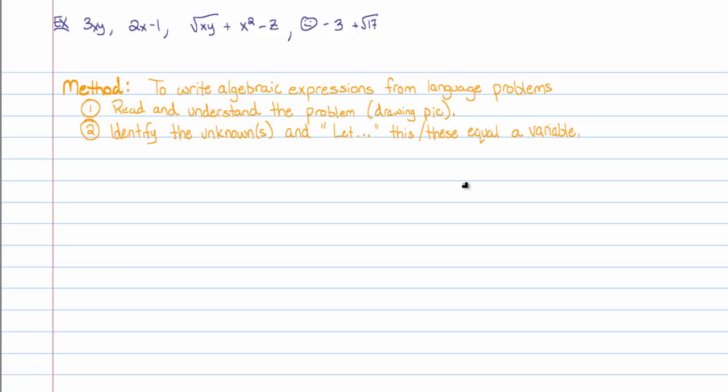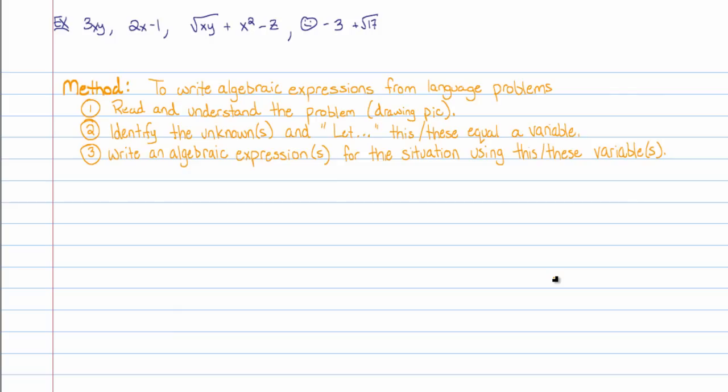Or let d equal the distance to my friend's house. Or whatever it is. This is what I call the let step. You identify the unknown and let a variable equal that unknown. Very, very, very important step. Also note that you could have more than one unknown. It's very common that you do, so just keep that in mind.